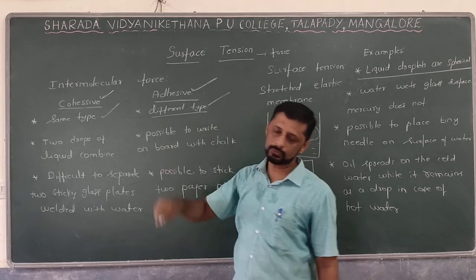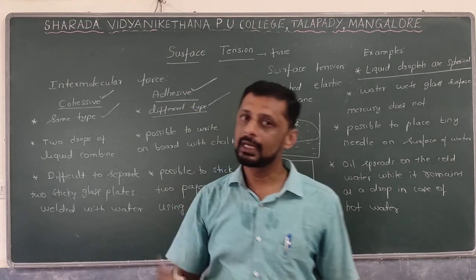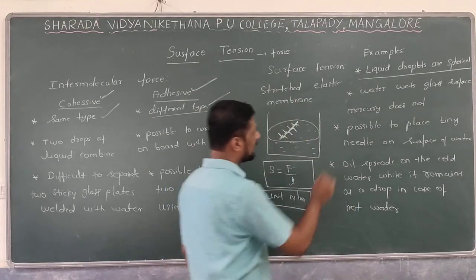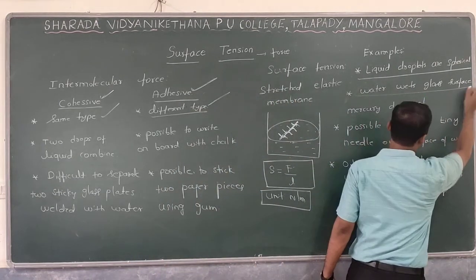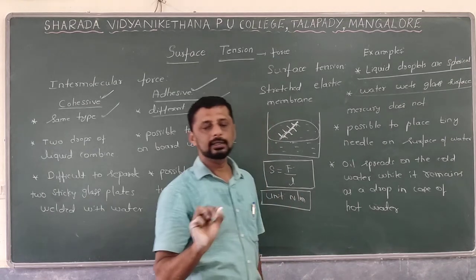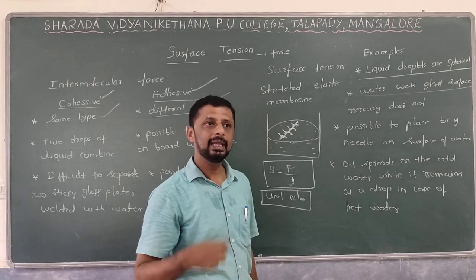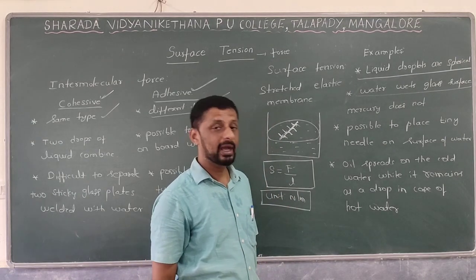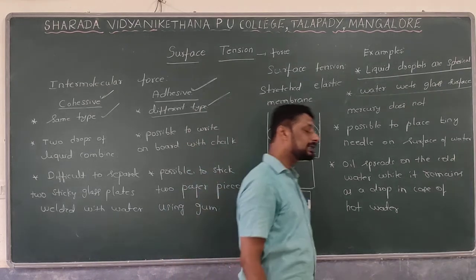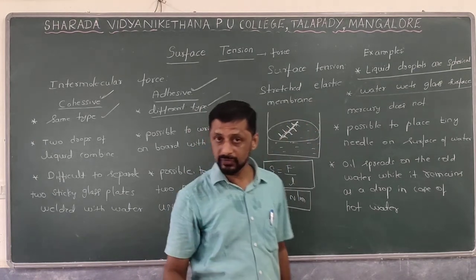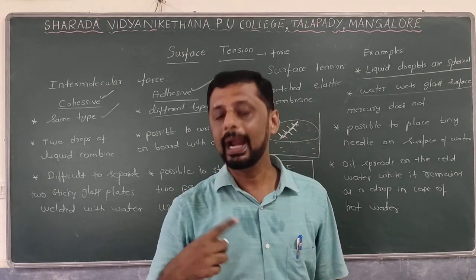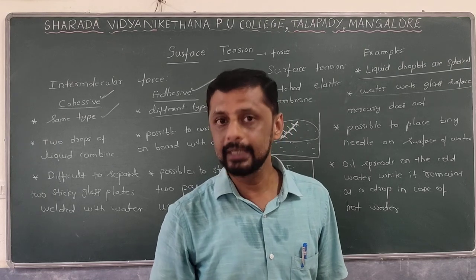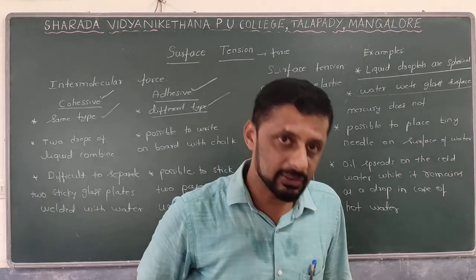Glass plate, or force between the mercury and the glass plate. So in this case, water wets the glass plate. If you place a drop of water on the glass surface, normally it wets the glass surface. Why? In this case, the adhesive force between the water molecule and the glass is greater than the cohesive force between the water molecules.